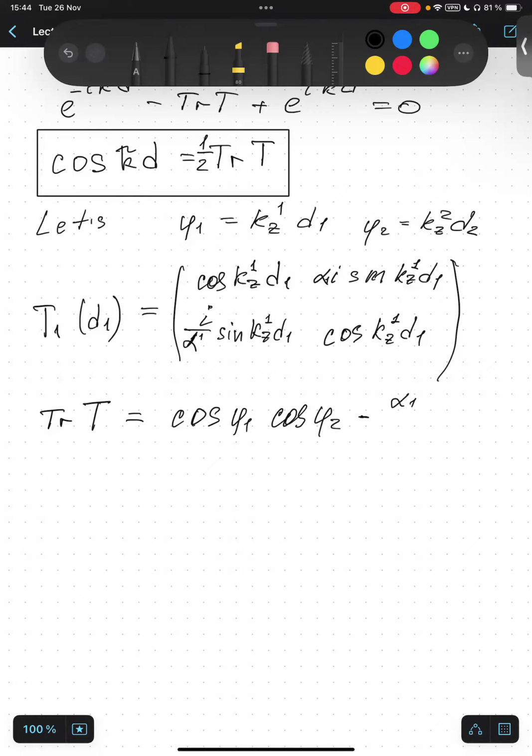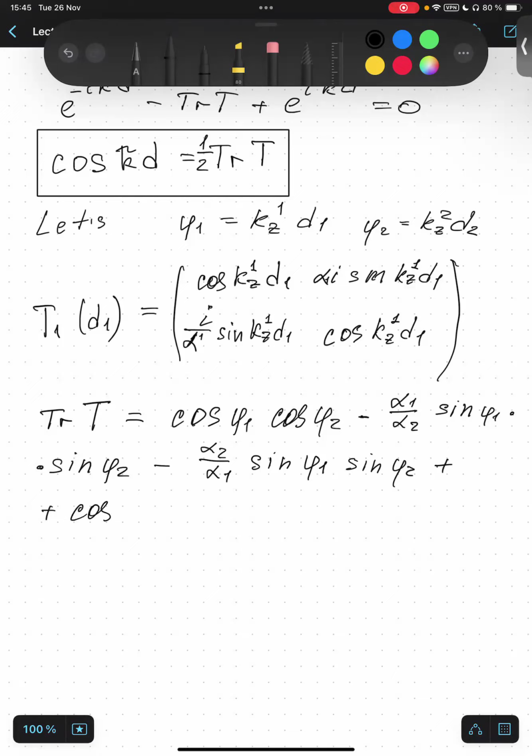also we have alpha 1 divided by alpha 2 sine phi 1 multiplied by sine phi 2, and alpha 2 over alpha 1 sine phi 1 sine phi 2. And the last part is cosine phi 1 cosine phi 2.